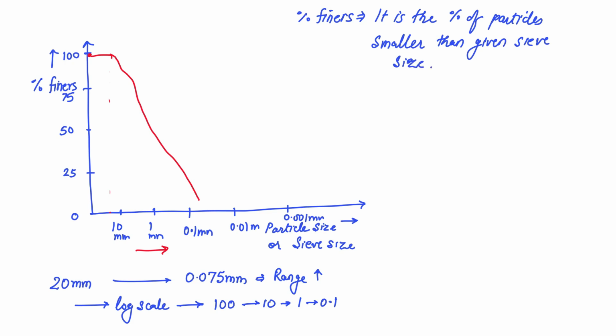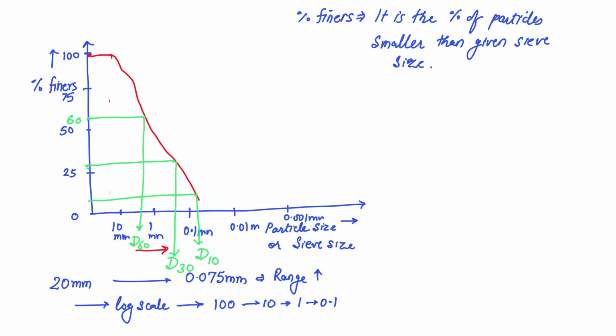Now on this graph, we plot where the percentage finer is 30%, and the sieve size or particle size for that is termed D30. Similarly, where 10% finer is present, the particle size is written as D10, and for 60% we write the particle size as D60.